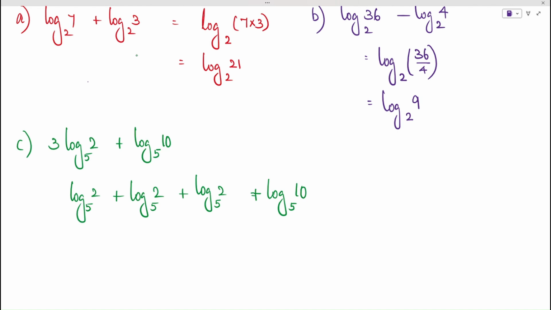We can now multiply all the values in there, and we get log of 2 times 2 times 2 times 10 to the base 5. This gives us log of 80 to the base 5.